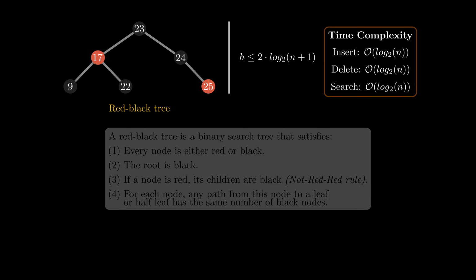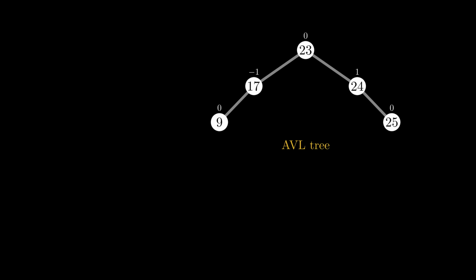Note that we have improved the time complexity for deleting and searching from linear in a doubly linked list to logarithmic in a red-black tree. But this improvement also has its price, because we no longer have constant time complexity for insertion in a red-black tree.